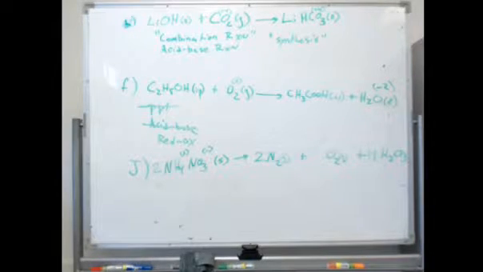Now it says it's chlorine gas, so we're going to do Cl2 gas. The NaOH is not mentioning anything about solutions, so we're going to go with solid NaOH. And then on the product side, we've got sodium hypochlorite, which is NaClO, sodium chloride, NaCl, and water, H2O.